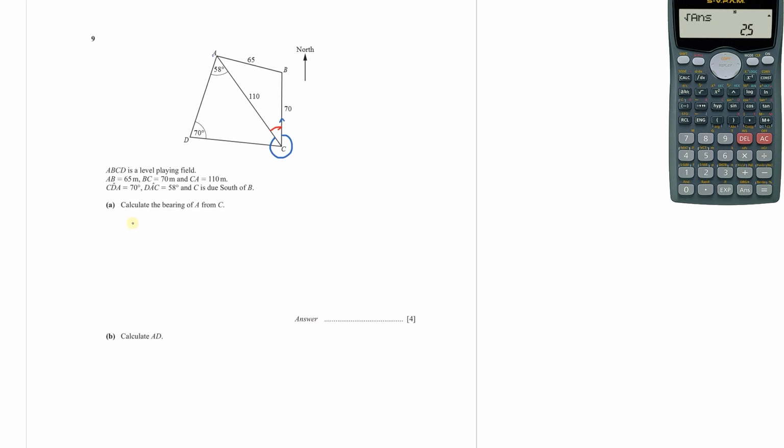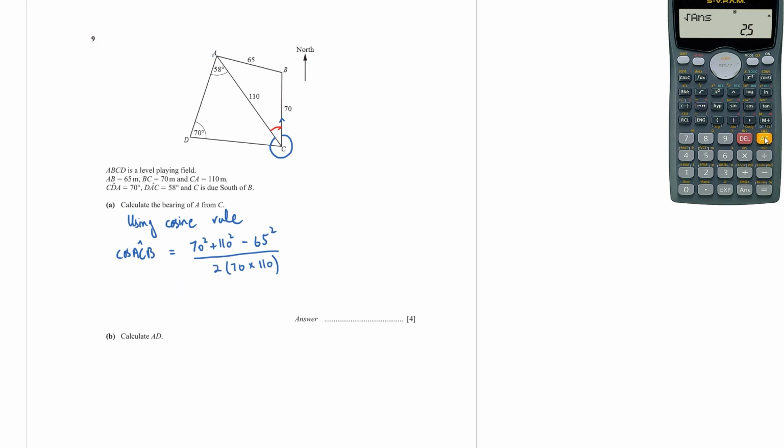So using the cosine rule, I can take cosine of this angle ACB. Cos of ACB will be equal to the sum of squares of the two sides that make the angle, so 70 and 110. So this will be 70 square plus 110 square minus the opposite side of the angle, which is 65 square, divided by 2 into 70 into 110.